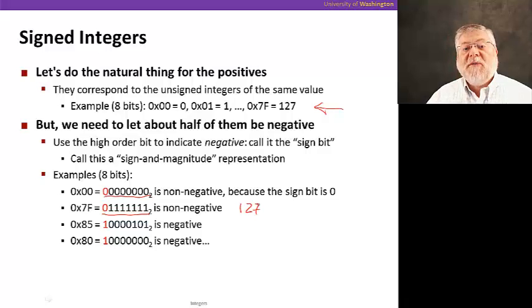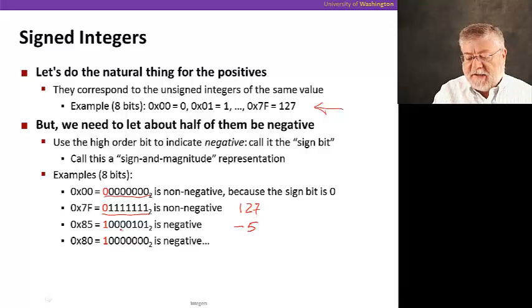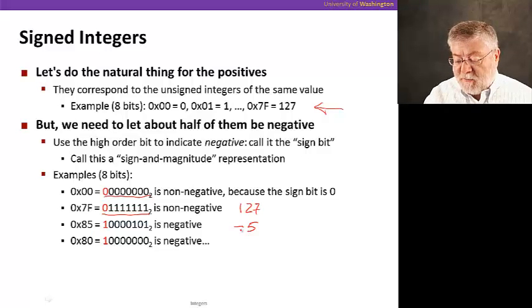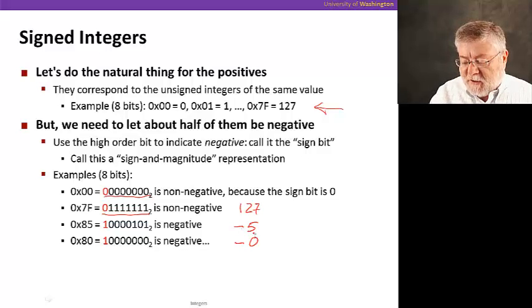They have a 1 in the most significant bit and can be used to represent, for example, a minus 5 in this case. This is the number 5, but we're saying it's negative, so we're going to basically just use that sign bit to say whether we put a minus sign in front of it or not. In this case, we have minus 0, which gets into one of the problems with sign and magnitude notations.